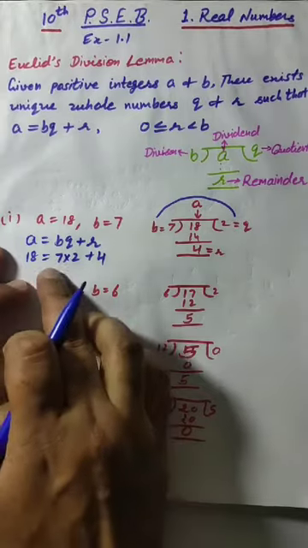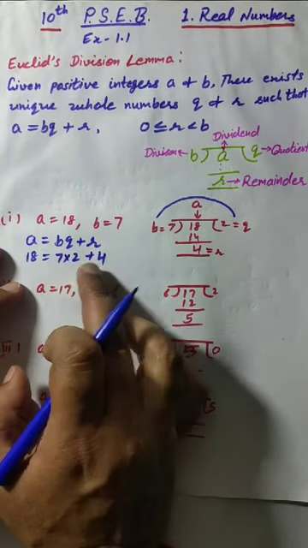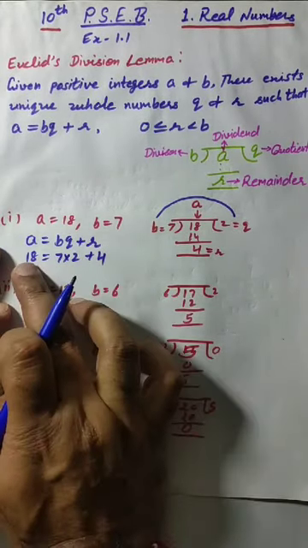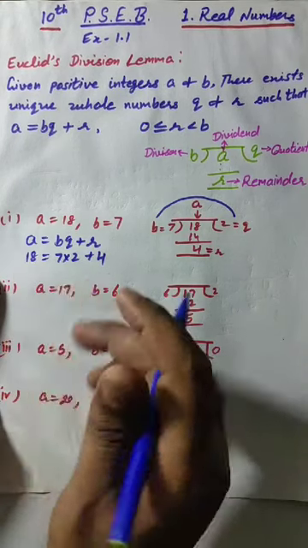If we multiply 7 by 2, we get 14, plus 4 is 18, and we get the left hand side here.